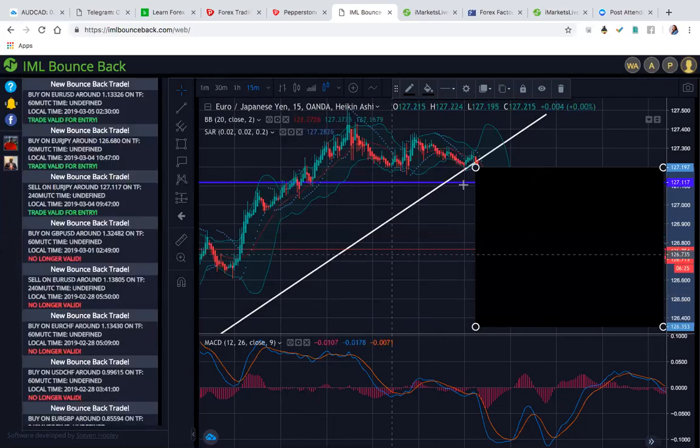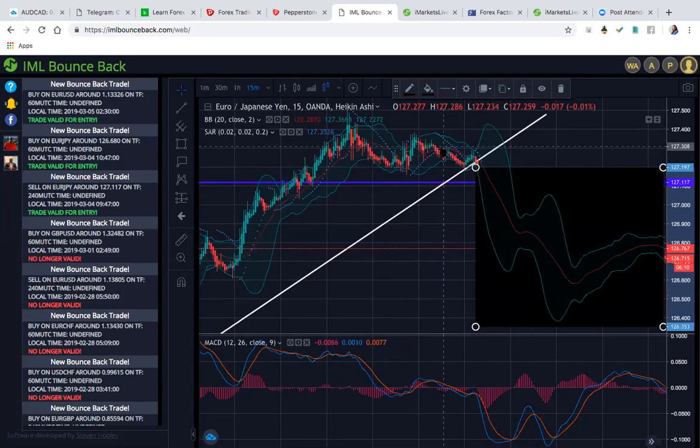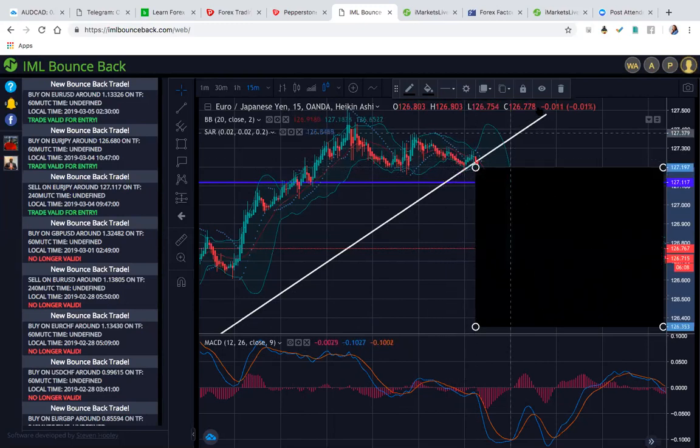So basically you're setting your call level anywhere below. But when I say below the trend line, some things you need to take into account is below the trade. So if the trade is above here and the trend line is coming up here, you're putting your call level below the trade, also below the trend line, because what you're doing is predicting the move.